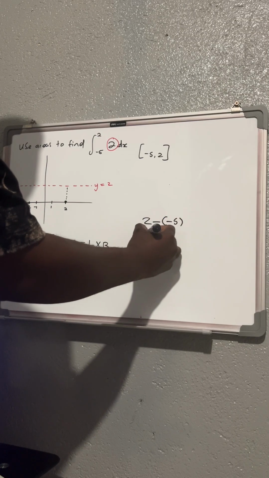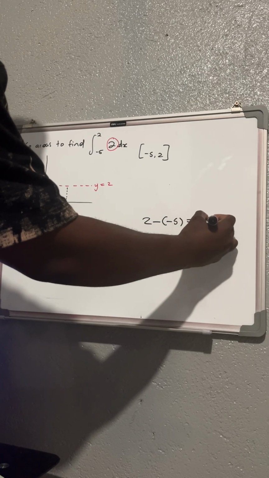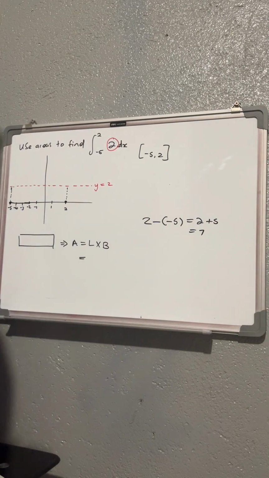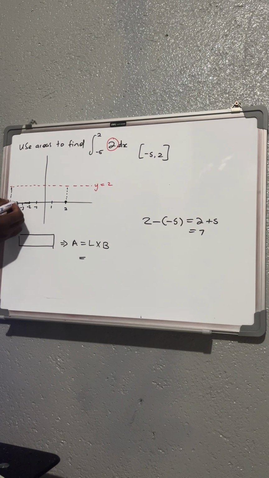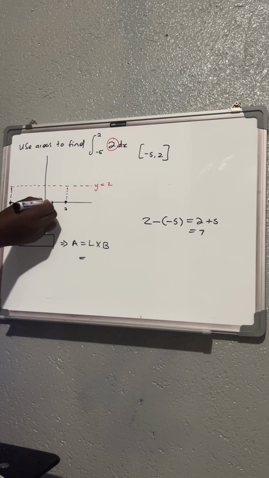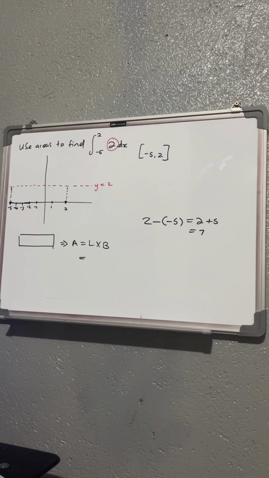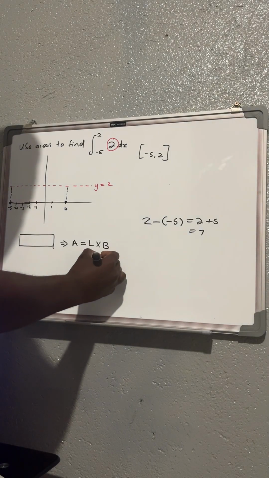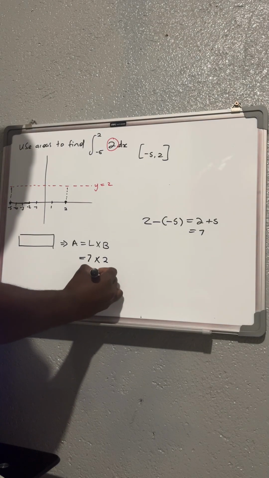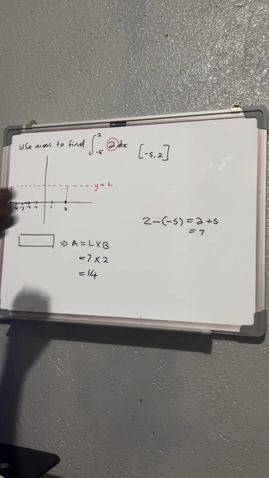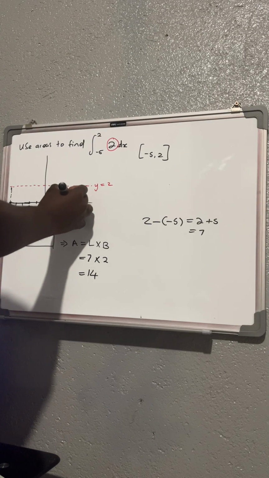This will give you 2 plus 5, which is going to be 7. Another way that you can confirm is to start counting from this side going to that side. You have 1, 2, 3, 4, 5, 6, 7. Then you have your 7 multiplied by the breadth, going up, it's basically your 2. Then this gives you 14, because the distance from here to there is your 2.